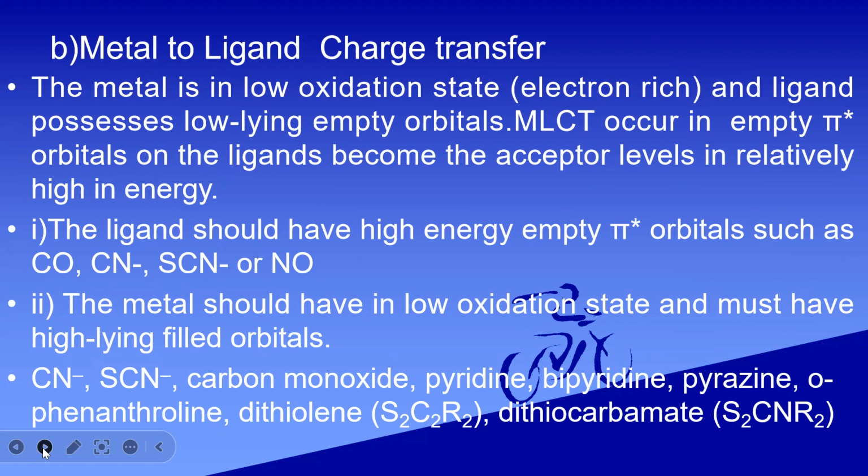The first one is the ligand should have high energy empty pi star orbitals, for example carbonyls, cyanide ions, SCN-, or NO. The second condition is the metal should have low oxidation state and must have high lying filled orbitals.